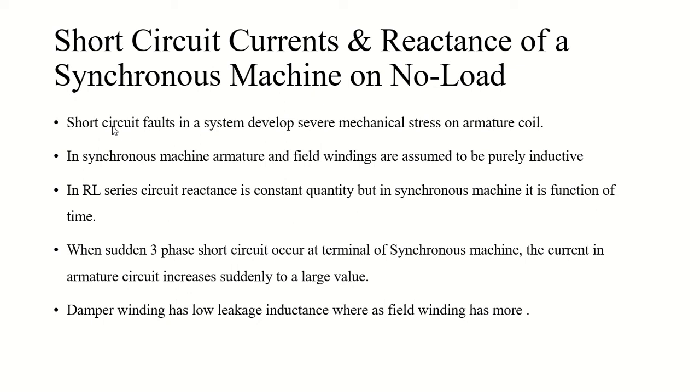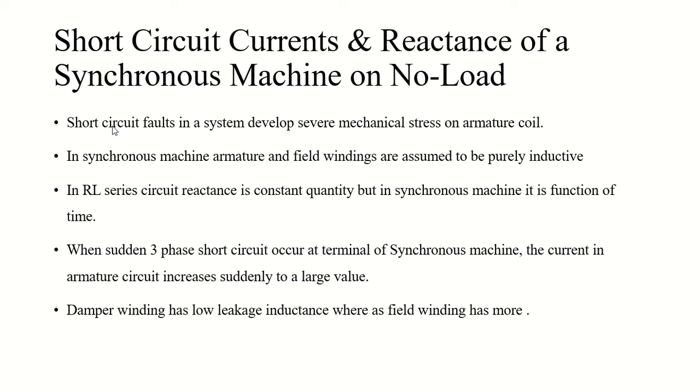But there's the catch. What's the catch? In the RL series circuit, reactance was constant, right? But in a synchronous machine, it is a function of time actually. It will change according to the time. So under no load condition, we don't have any mmf, no mmf in armature reaction, right?